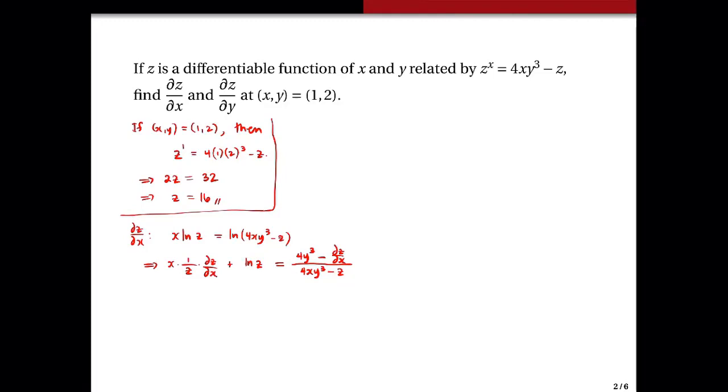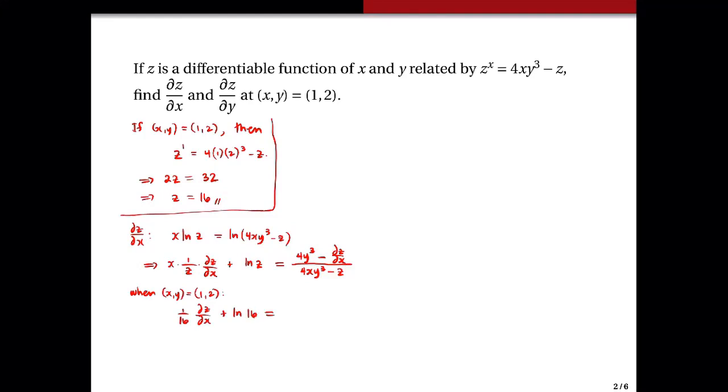But in here, my next line will be evaluation. So when the point x comma y equals 1 comma 2, we will have z equals 16 according to this computation here. And therefore, we will have 1 over 16 times the partial of z with respect to x plus ln of z, so that's just ln of 16.